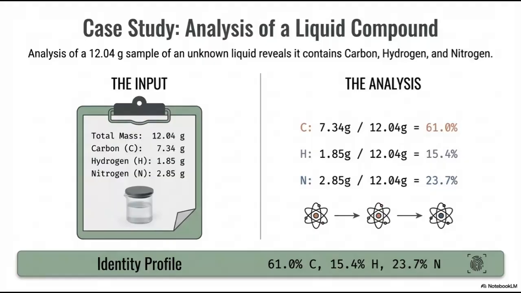From those masses, I can do analysis and calculate the percent of each one of those elements in that powder, which is going to give us a profile that says, okay, this powder has 61% carbon, 15% hydrogen, 23% nitrogen. So now I know how much of each one of those is in that material I have present. Percentages translate to masses.